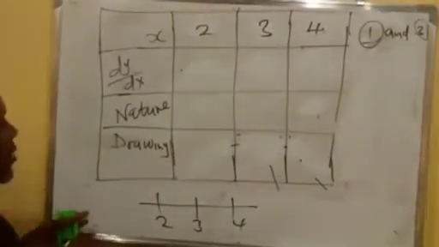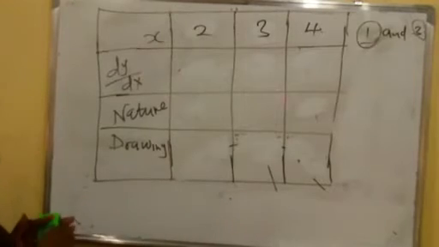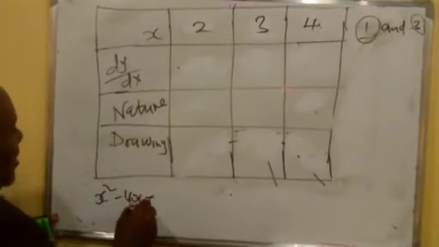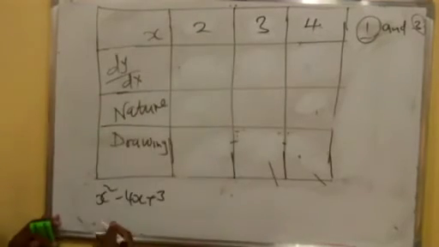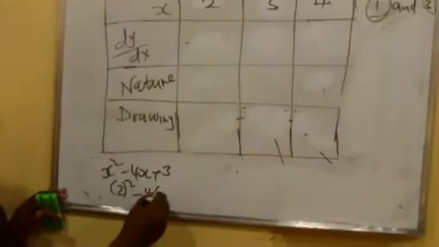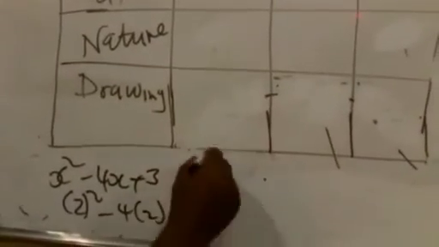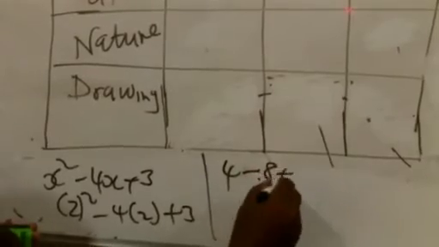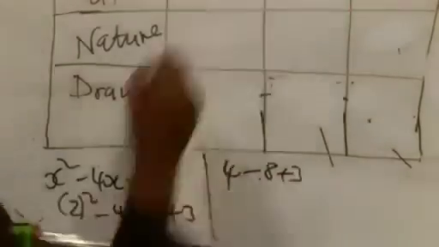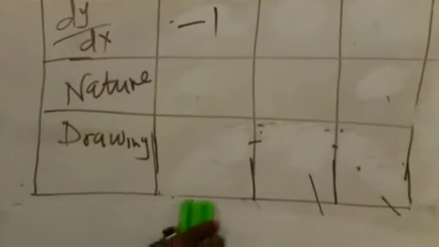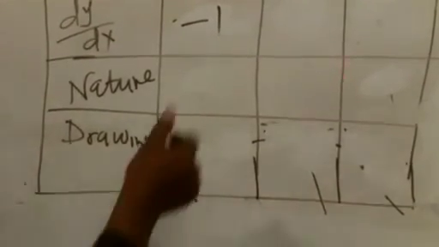So we are going to look at the gradient function, x squared minus 4x plus 3. When you substitute 2, it's going to be 2 squared minus 4 times 2 plus 3. So you have 4 minus 8 plus 3, so it's negative 1 there. Then we look at the middle one.